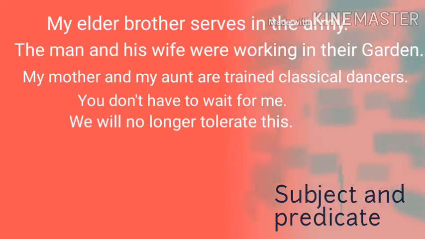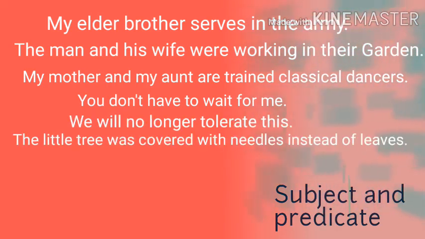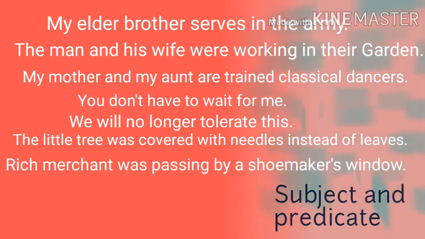We will no longer tolerate this. The little tree was covered with needles instead of leaves. And the last one is a rich merchant was passing by the shoemaker's window. So my dear students, we have seen 10 meaningful sentences.